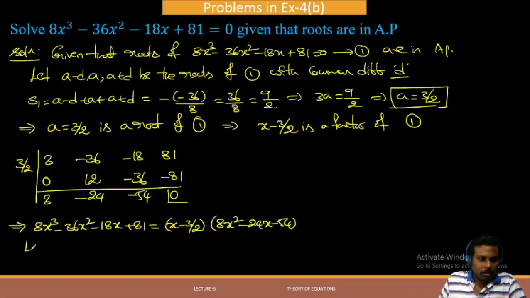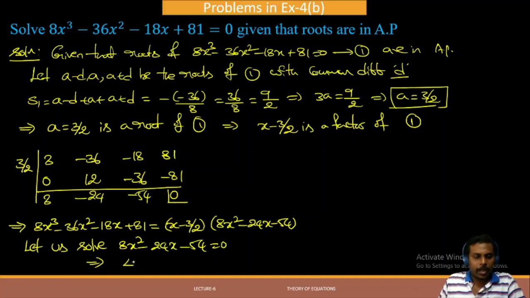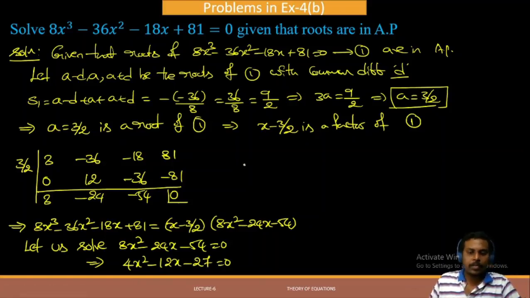Okay, now let us solve 8x square minus 24x minus 54 is equal to 0. Upon dividing by 2, I get 4x square minus 12x minus 27 is equal to 0.